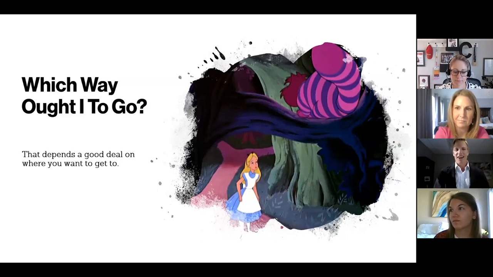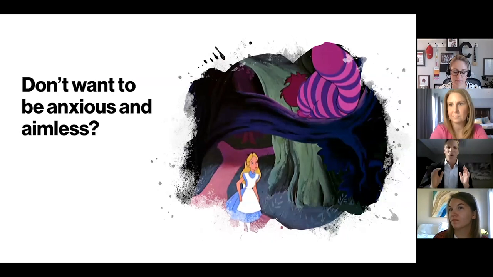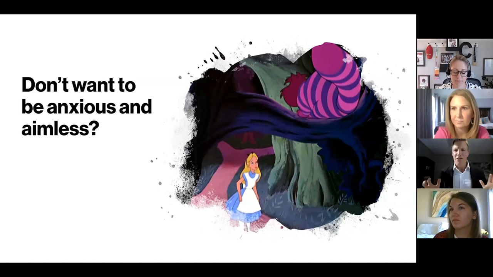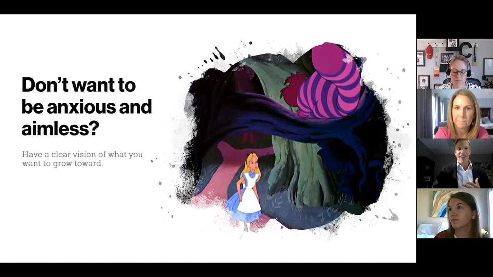He says, that depends a good deal on where you want to get to. I wonder for a lot of us, as we're anxious and maybe even feeling reactive and a bit aimless right now, perhaps we could begin by taking instruction from the Cheshire Cat and thinking, what's our vision? What are we wanting to grow toward right now in this environment?